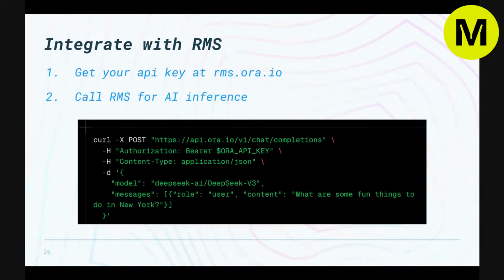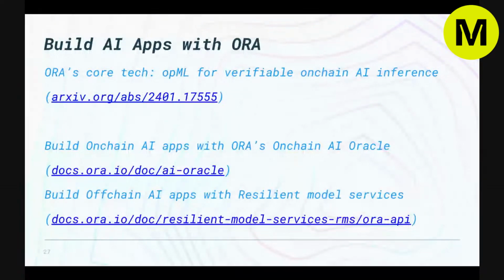You can just use our platform to get the best pricing of the models, and that's it for RMS. And here is the last slide about all the crucial links about Aura.